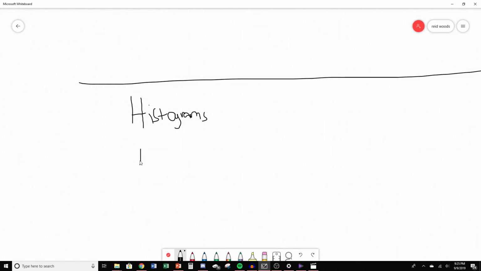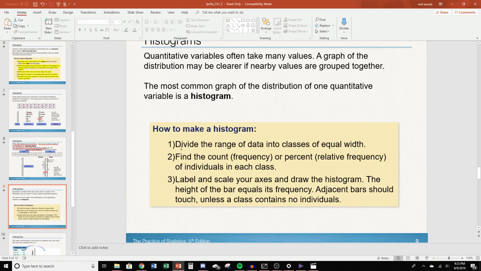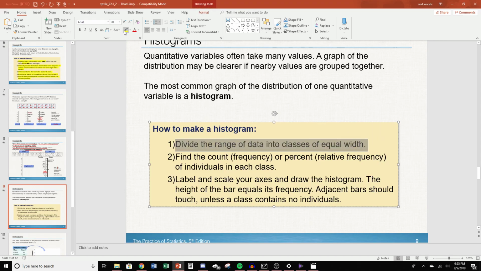So 3 things for histograms. You want to divide the range of data into classes of equal width. Find the count or percent. Talk about that as frequency versus relative frequency of individuals in each class. Label and scale your axes and draw the histogram.